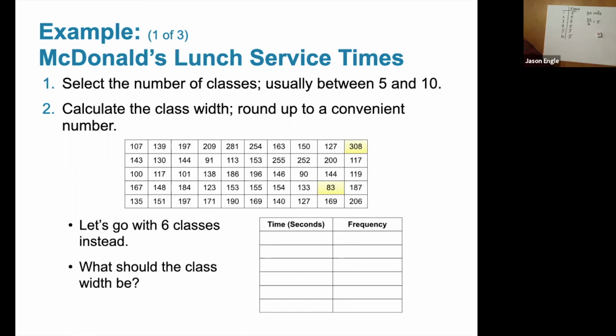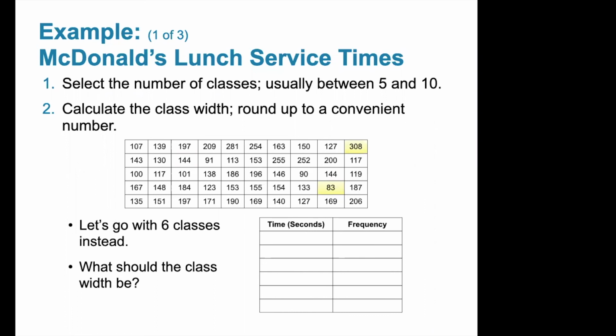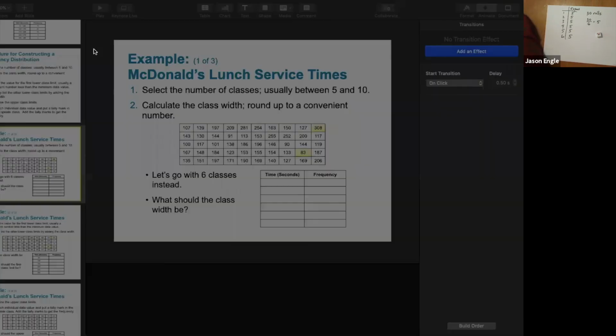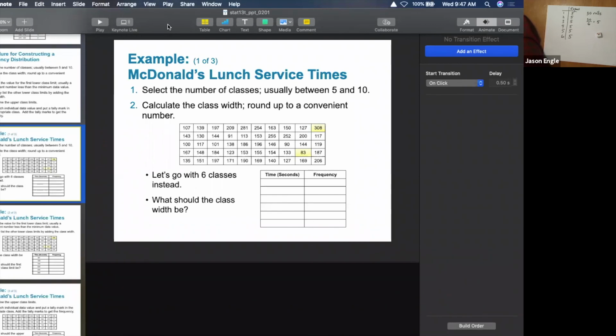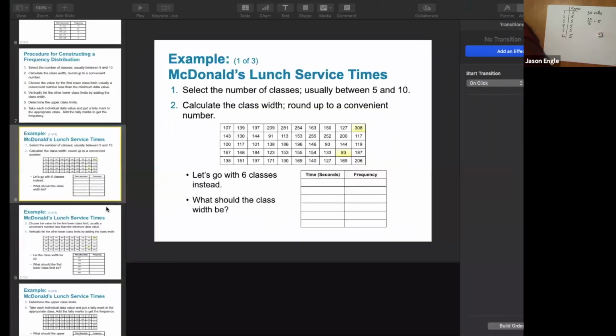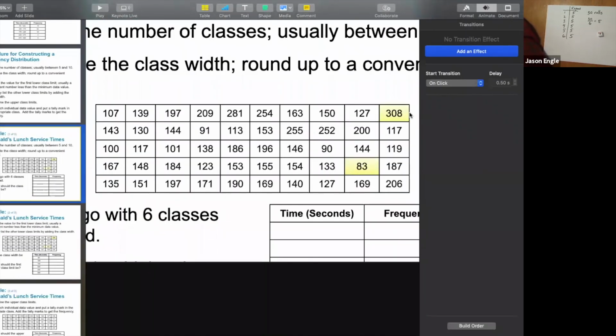So we're going to select the number of classes, and we're going to have 6 classes. We're going to calculate the class width by taking the largest number, which was 308, and the smallest number, which was 83.